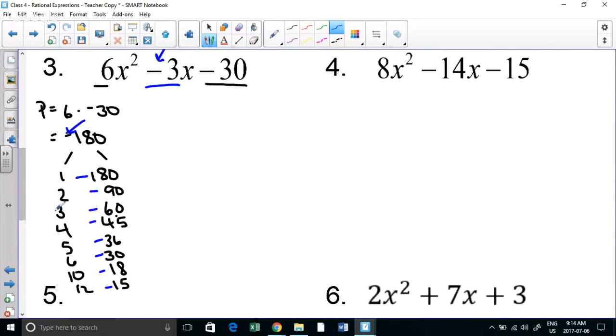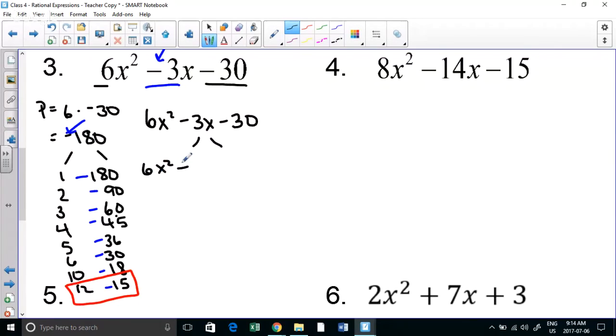Which one, just like this, will add up to negative 3? 12 and negative 15. Meaning that this 6x squared splits into 6x squared plus 12x minus 15x minus 30.